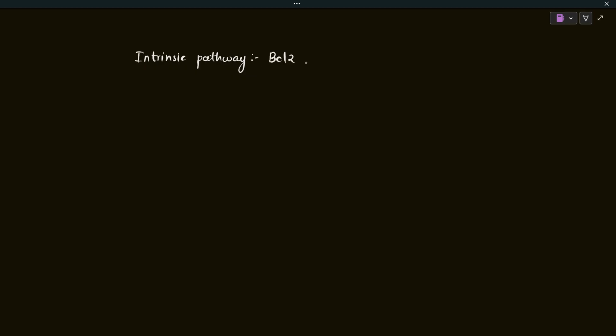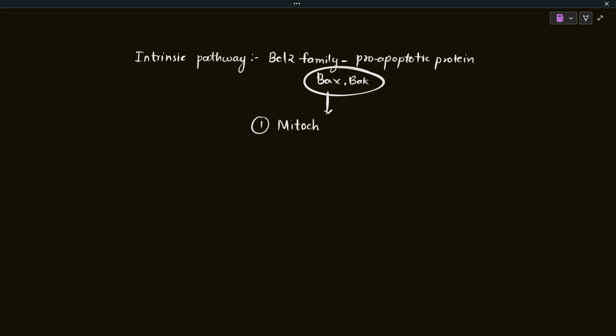The BCL2 family proteins include some pro-apoptotic proteins such as BAX and BAK. Those are the ones which promote the mitochondrial protein release, in this case cytochrome C release. So this is the very first step.